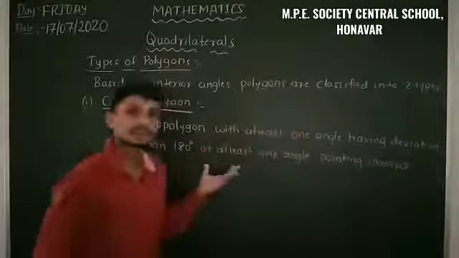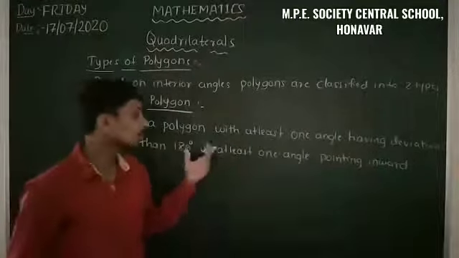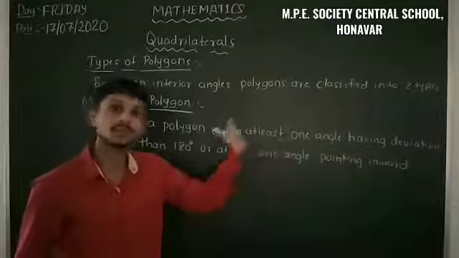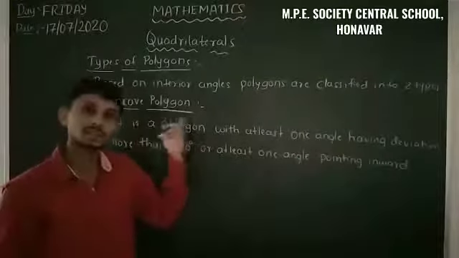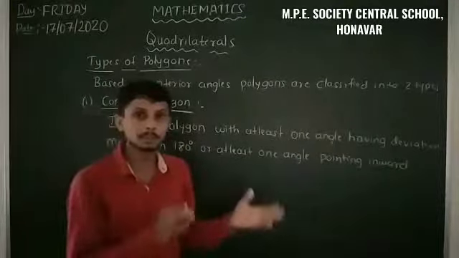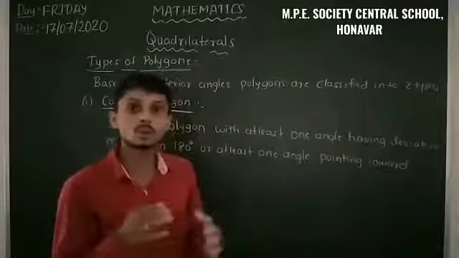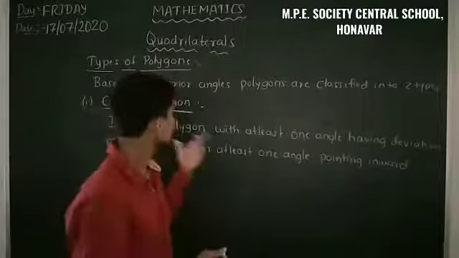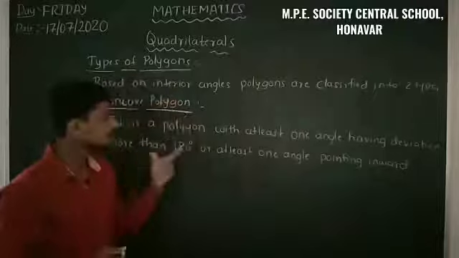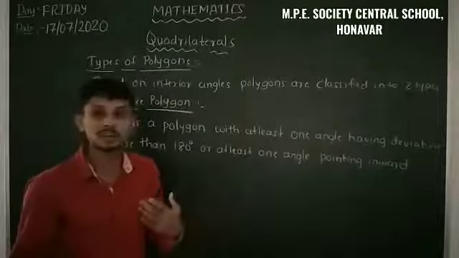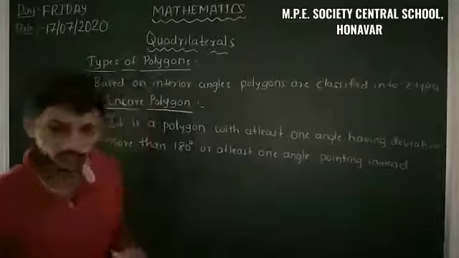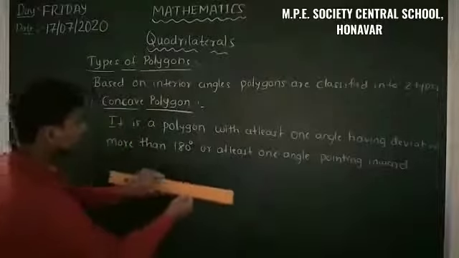If an angle is pointing inward, it turns into concave. Convex polygon means a polygon having no angles pointing inward; in a concave polygon there is at least one angle pointing inward. So how can we draw the concave polygon?